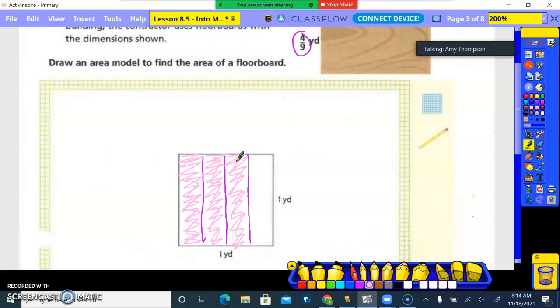Okay. Then how many rows do I need to make? So I'm using the denominator, right? How many rows? 9. Okay.